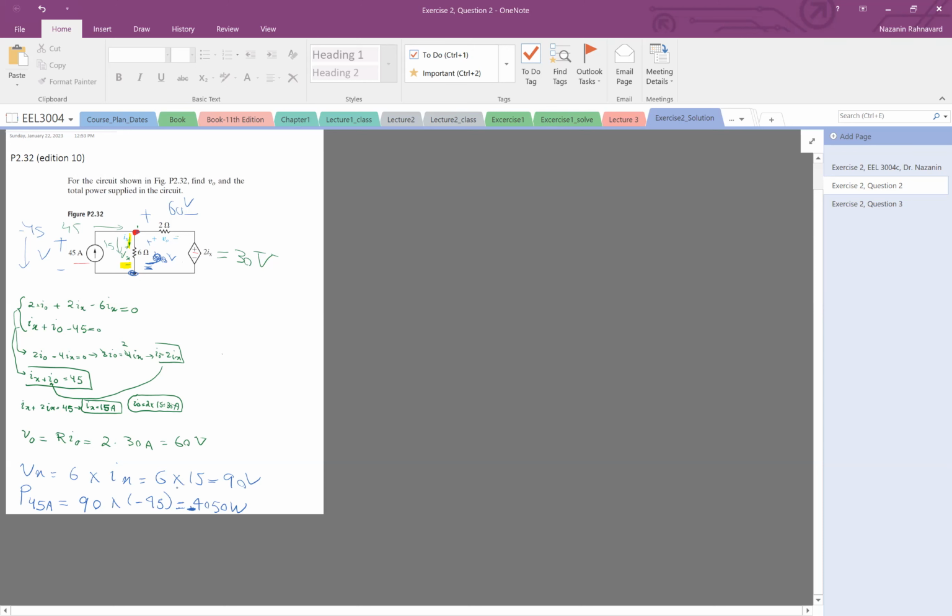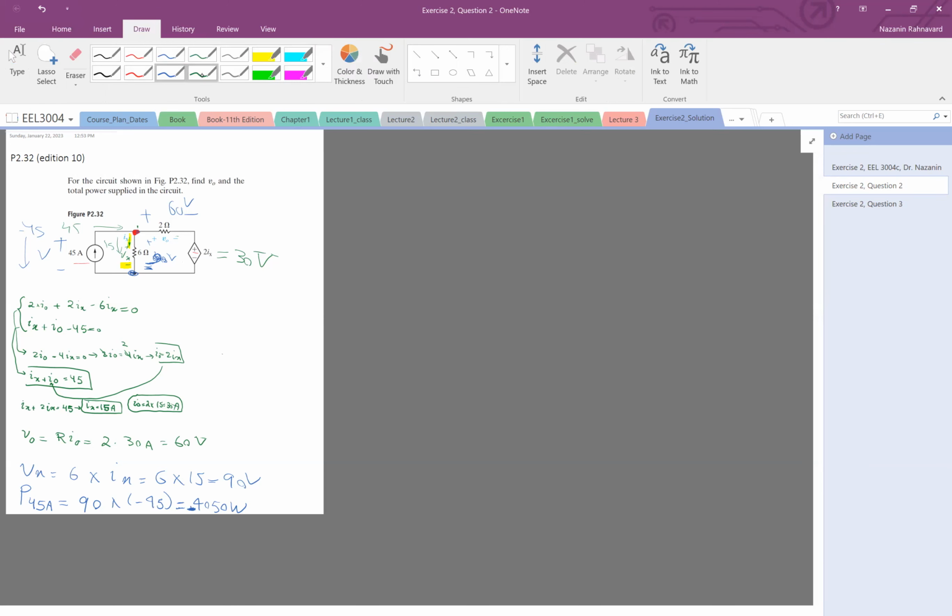But also, let's look at the power of this dependent source, which I call P of 2Ix. Again, the voltage, plus minus 30 volts, times the current going this way. But what is the current? We had the IO here, which was 30 amp, going this way.